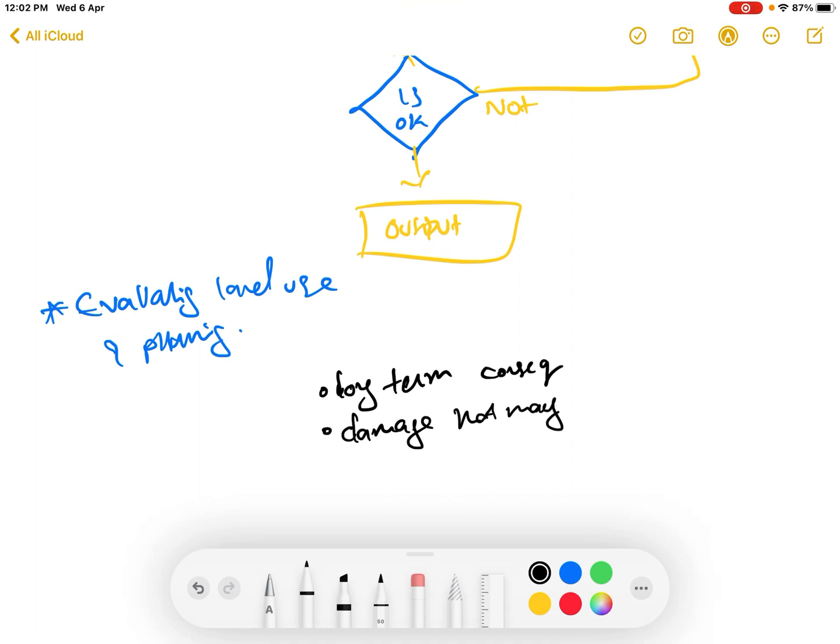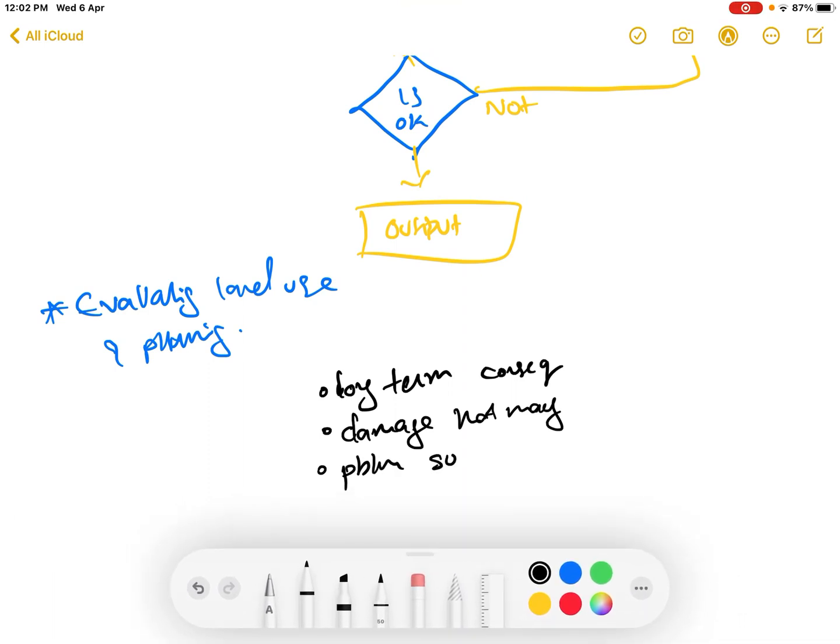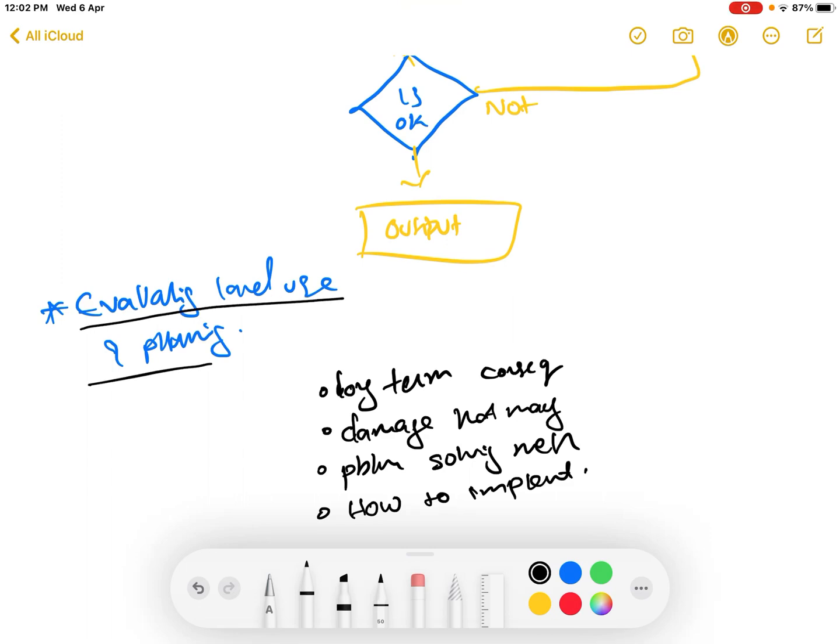Then we have to analyze the kind of damage that may occur. Then we have to understand the problem-solving methods, like you have to rehabilitate some of the animals. Then how it should be implemented.